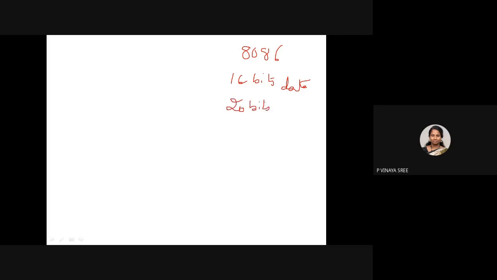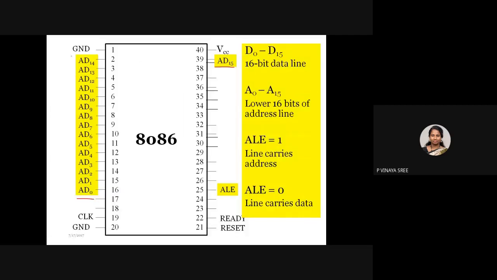When they are combined, we call them multiplexed lines. Based on the timing signal, at some time the address will be activated, and at other times the data will be activated. Which one is activated first depends on what you are doing.